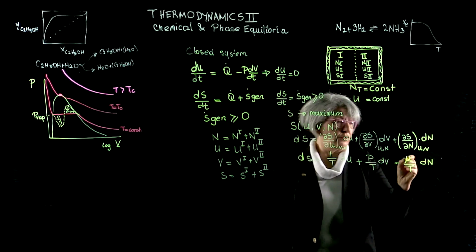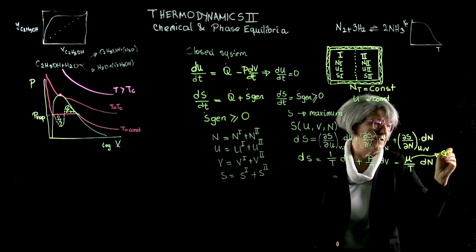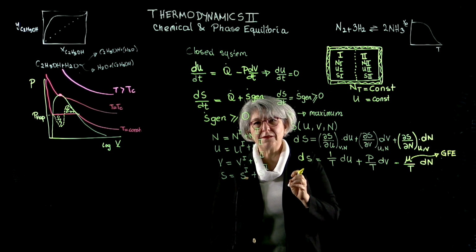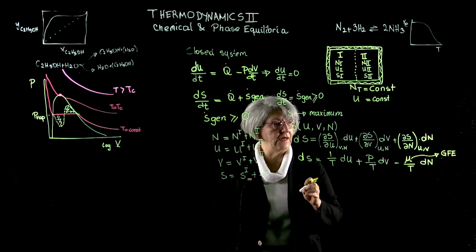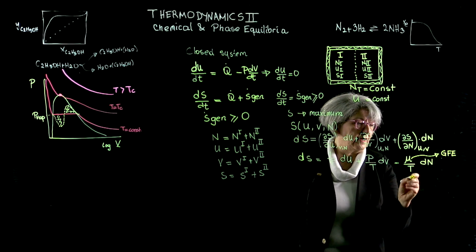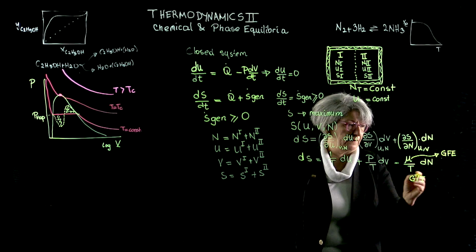This term mu is the partial molar Gibbs free energy. We will encounter this term very frequently in this course, so let's get used to it. Let's call this G over T instead of mu over T.